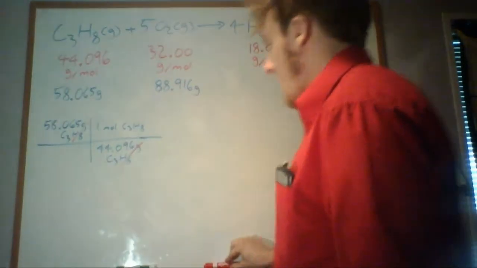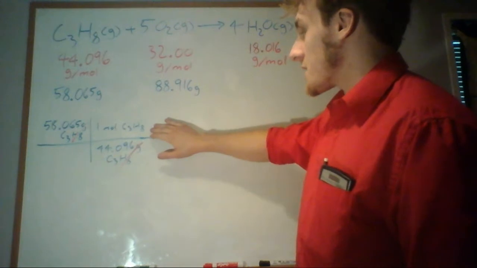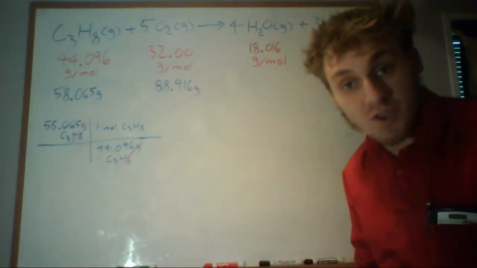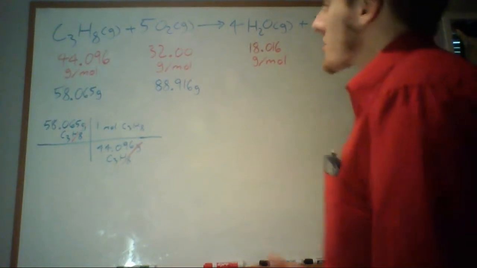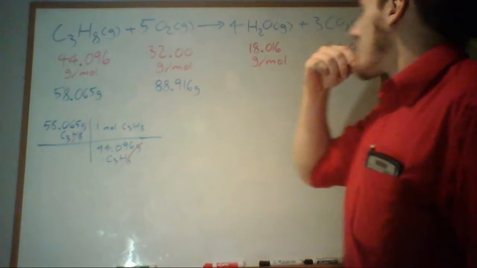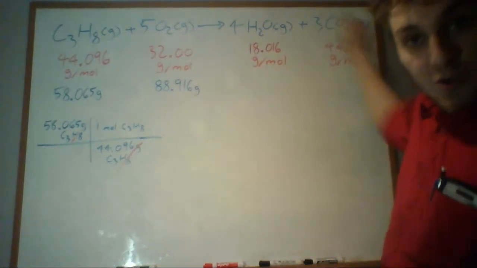Okay, so now we're going to go from moles of propane to moles of CO2, and we're going to use reaction stoichiometry to do that. It looks to me that for every 1 mole of propane, you're going to liberate 3 moles of CO2.